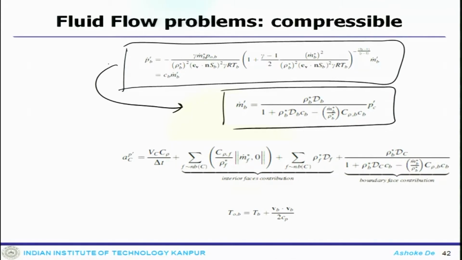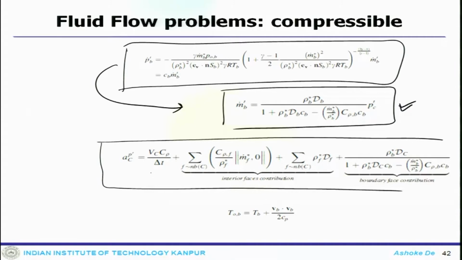Now, the modified shell coefficient which is obtained for the m dot B from this equation, you can apply that and the pressure correction equation gets modified like this, where this will be transient term rho Cp by delta T, then you have a term which is interior phase term and you get a term on boundary, and your stagnation temperature would be estimated like this.